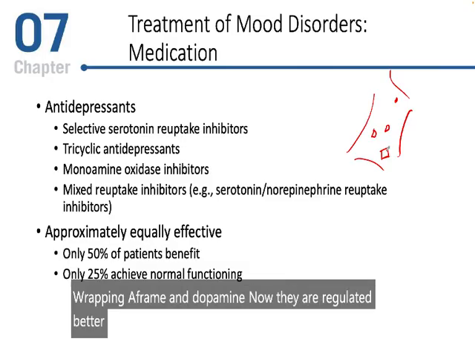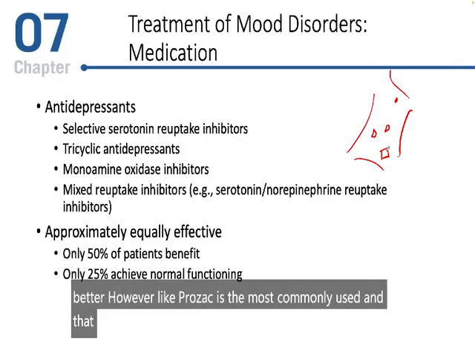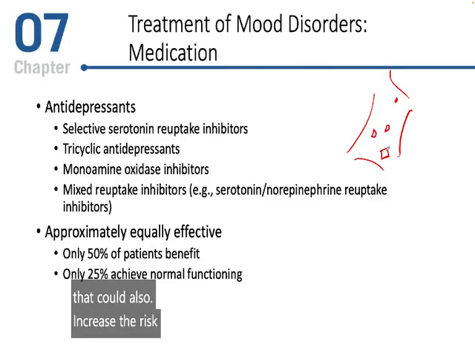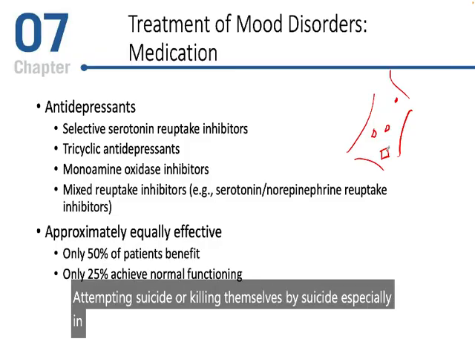However, Prozac, the most commonly used SSRI, could also increase the risk of individuals attempting suicide or killing themselves by suicide, especially in teenagers. There are a lot of side effects that you see.